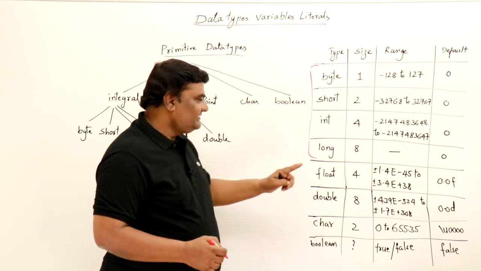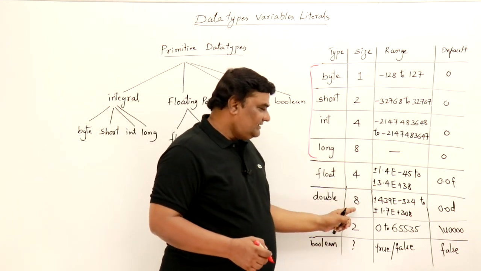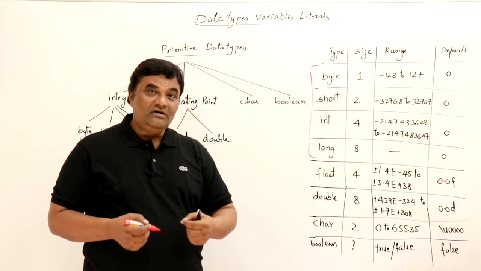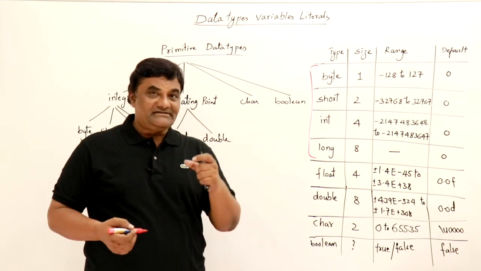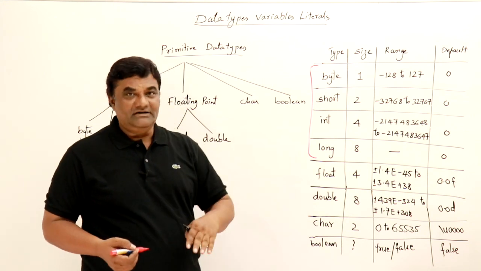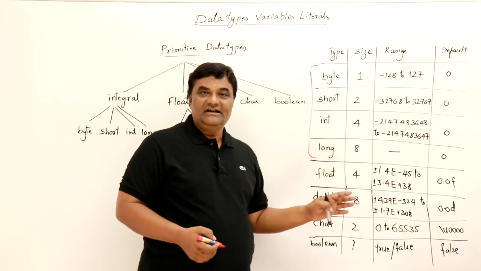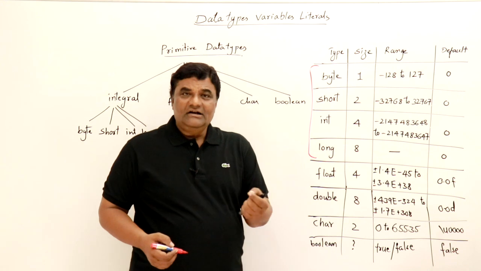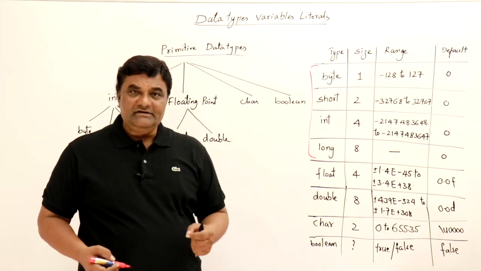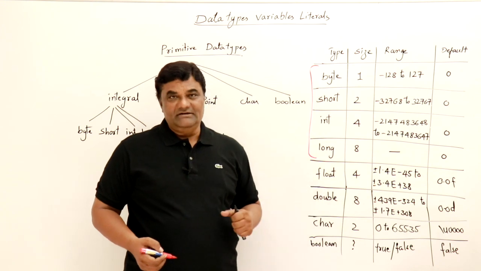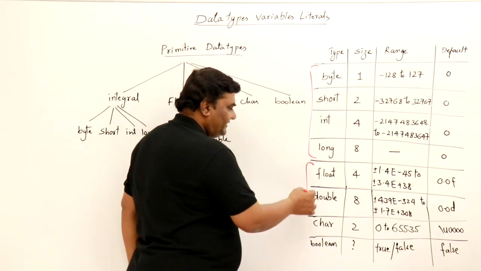Float takes 4 bytes and double takes 8 bytes. If you have a larger number and want more precise values, go for double. Float is single precision and double is double precision, meaning how many digits you want after the decimal point. If you have more precise values to store, go for double. So these are floating point.